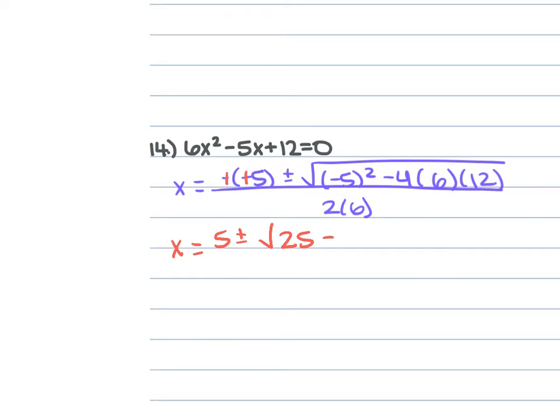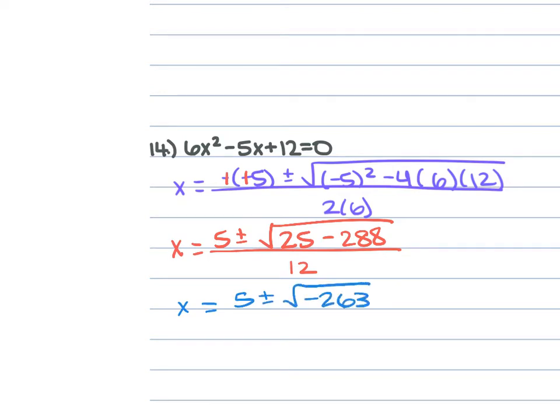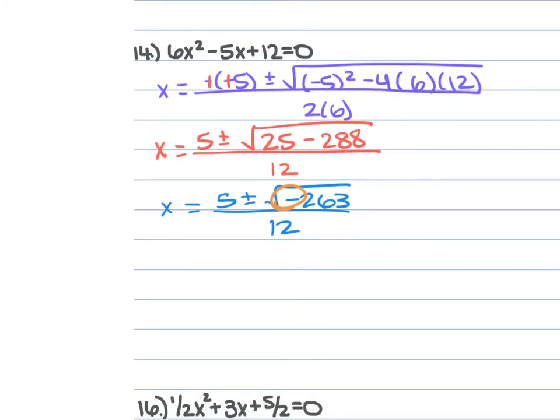Negative 4 times 6 is 24. 24 times 12 is a negative 288. All over 12. The 25 minus 288 gives us a negative 263. So from here, because there's that negative underneath the radical, we have no solution.